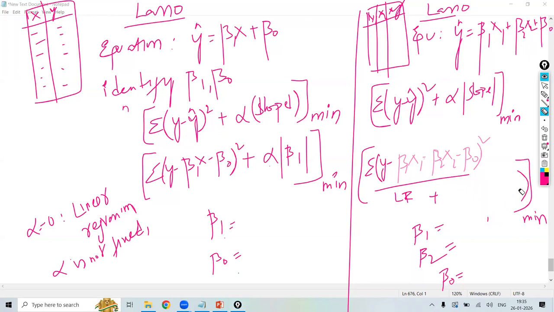If you expand this, alpha into modulus of slope 1 plus alpha into modulus of slope 2. Here, why have you written one slope? Because only one is there. Here, why are you writing 2? Because 2 are there.